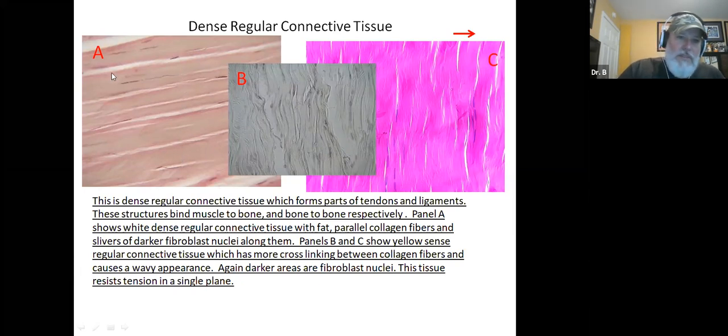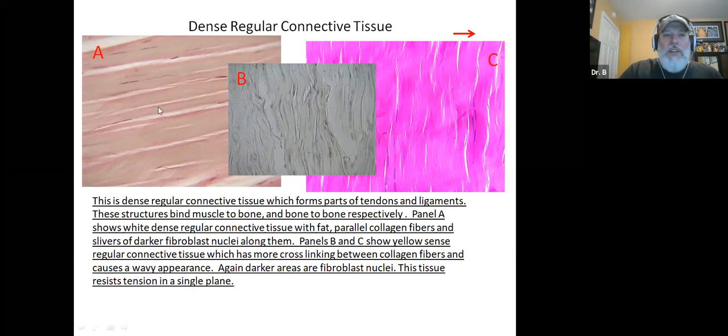So the ability for those fibers to run in a single direction gives it the ability to resist tension in that specific direction. Now we can see fibroblasts scattered through here. Here's one here, there's one there, there's one there. Over here, we can see these dark stained fibroblasts scattered through here.